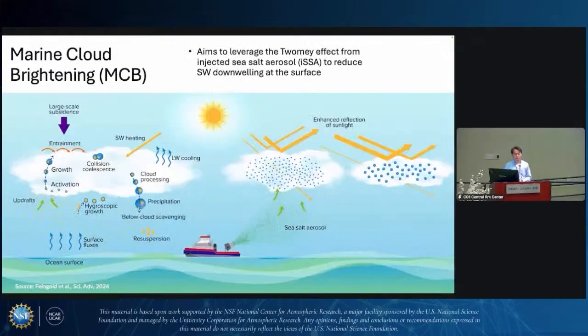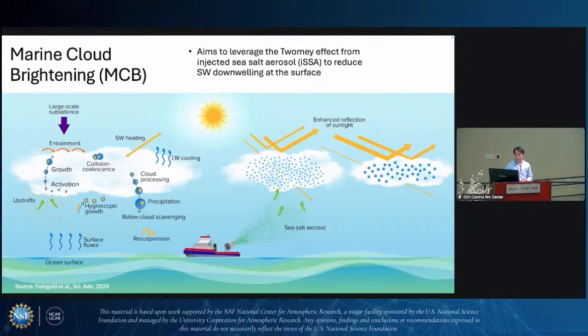So yeah, marine cloud brightening is one of the main proposals for solar radiation management or solar geoengineering. In contrast to SAI, which focuses on stratospheric aerosols, marine cloud brightening aims to leverage the Twomey effect specifically.